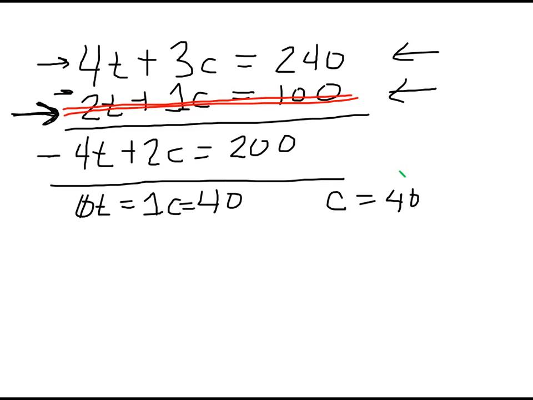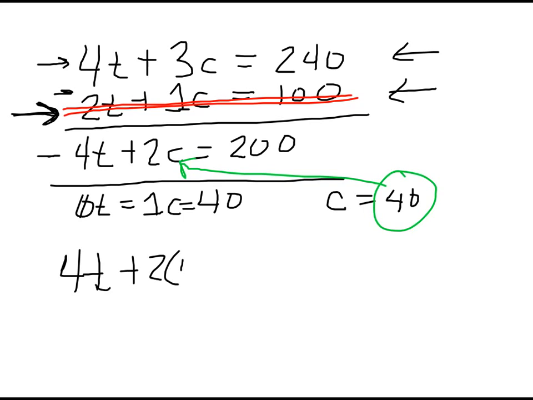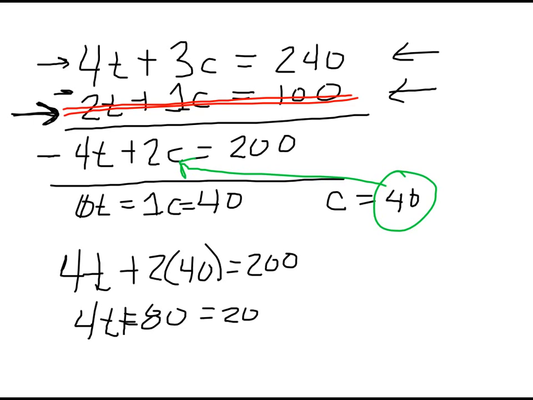Now what I do is I take this 40 and I stick it into this formula here. And so I have 4t plus 2 times 40 equals 200. So 4t plus 80 equals 200, so 4t equals 120.